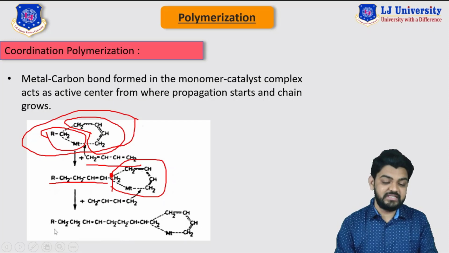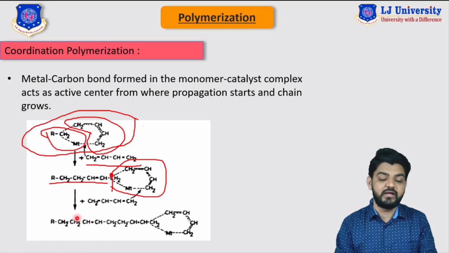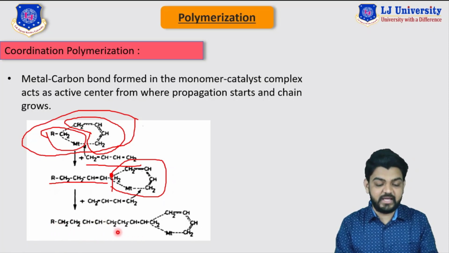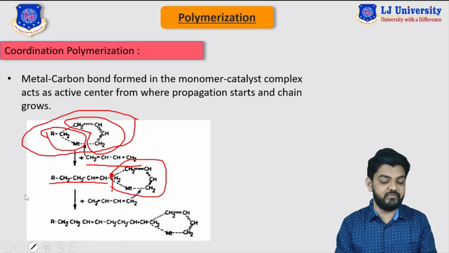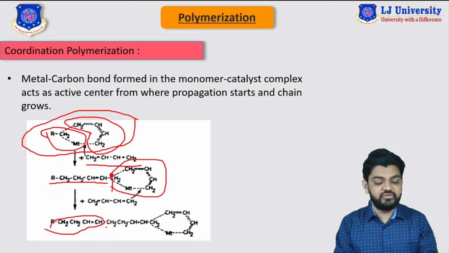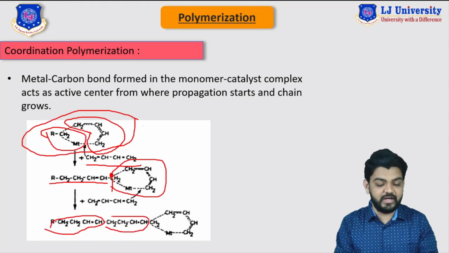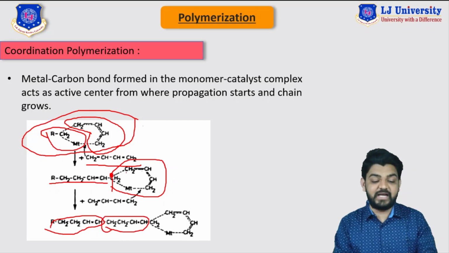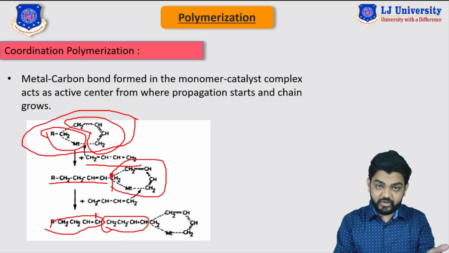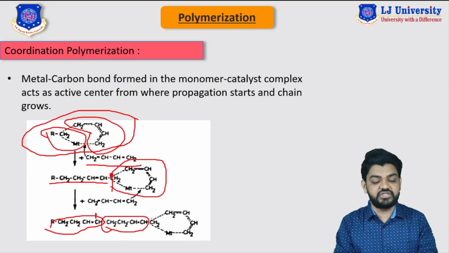Like this, you can see that this R chain was here, and now this new monomer here. Let me just take a pen one more time. This R thing we were already having right from the previous step, and now this new monomer is added together. And we can see that this ring structure was initially here, but now after this propagation step, this ring structure is shifted to the last carbon of the long chain.